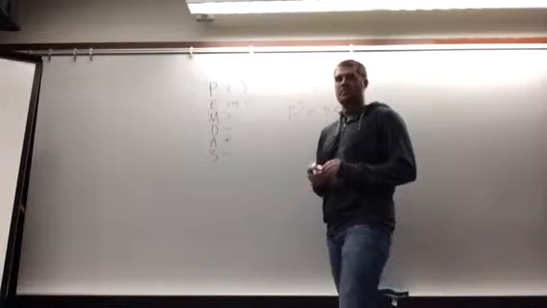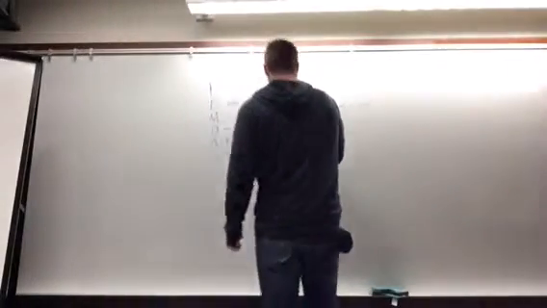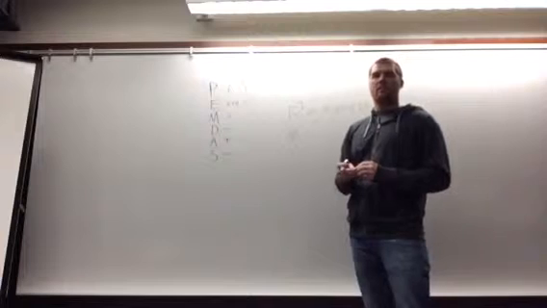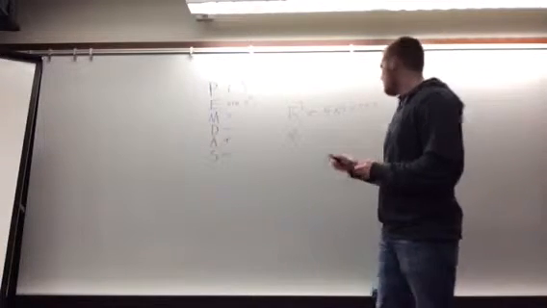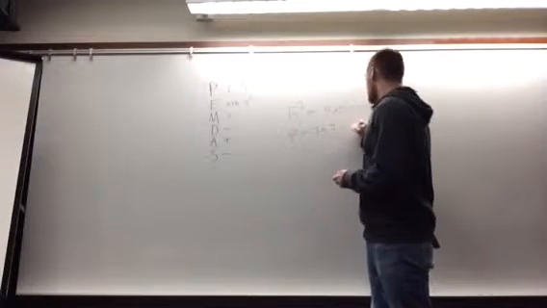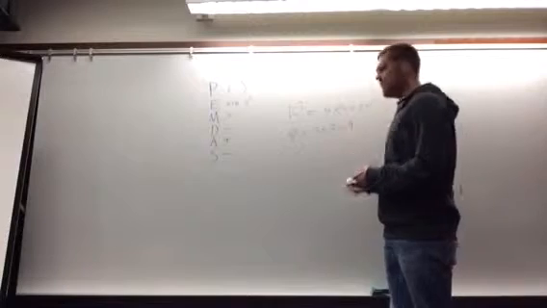All right. So if I give you guys 3 to the second, what would that look like written out the long way? 3 times 3. Yep. Which equals 9. All right.